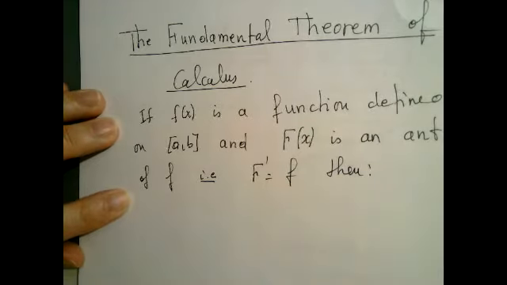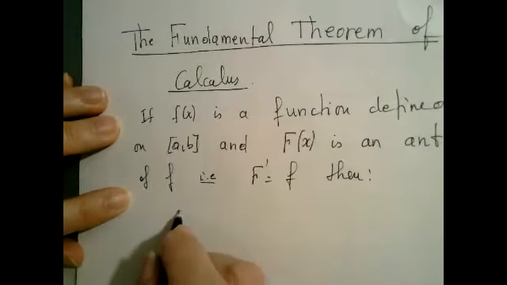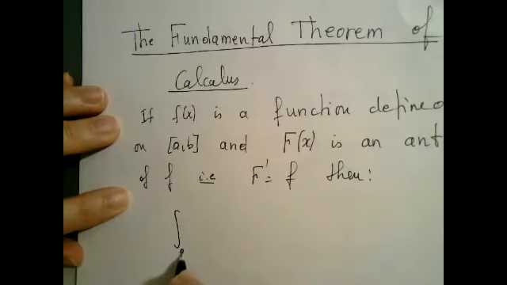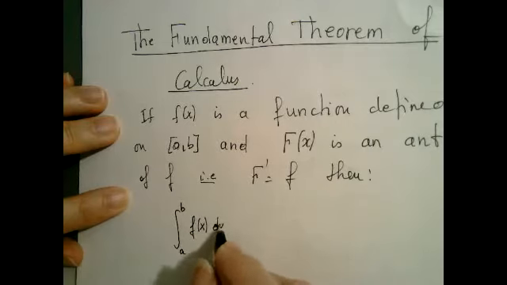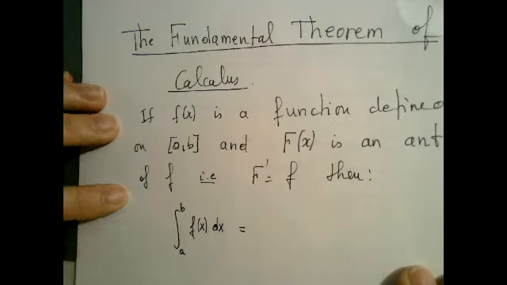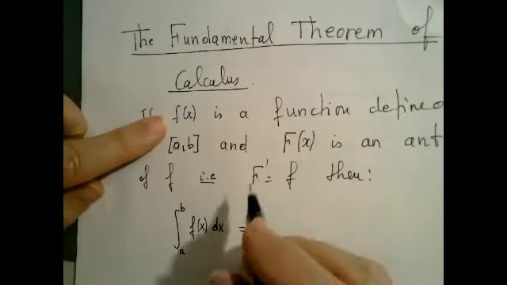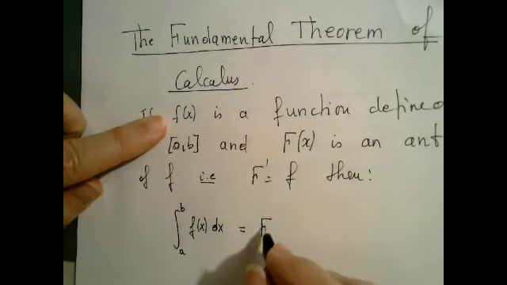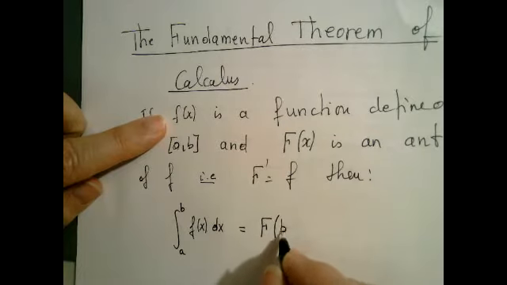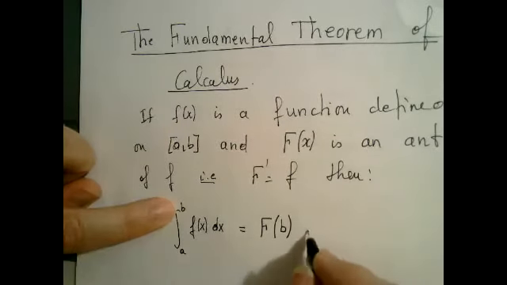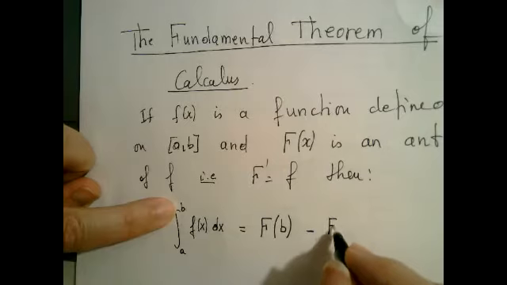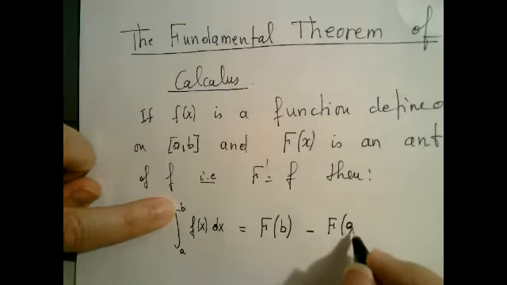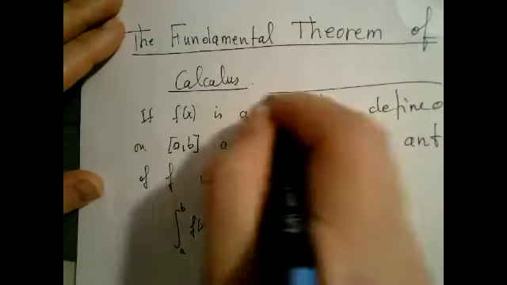It means if we know the antiderivative of the function, then the integral from a to b, this Riemann sum, can be obtained as follows. It's equal to the value of the antiderivative at the upper limit minus the value of the antiderivative at the lower limit.